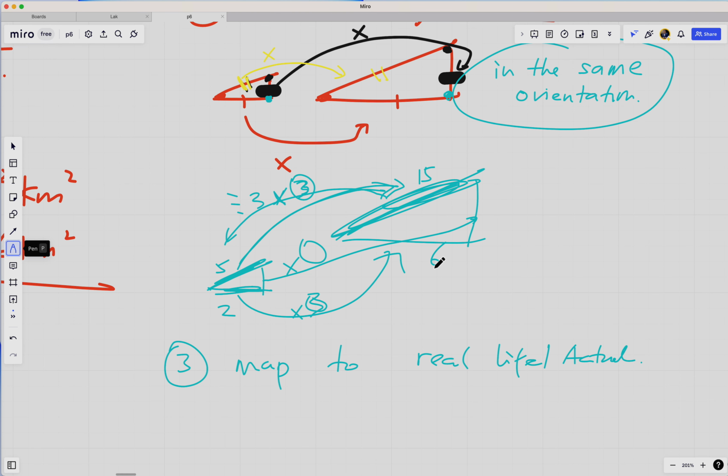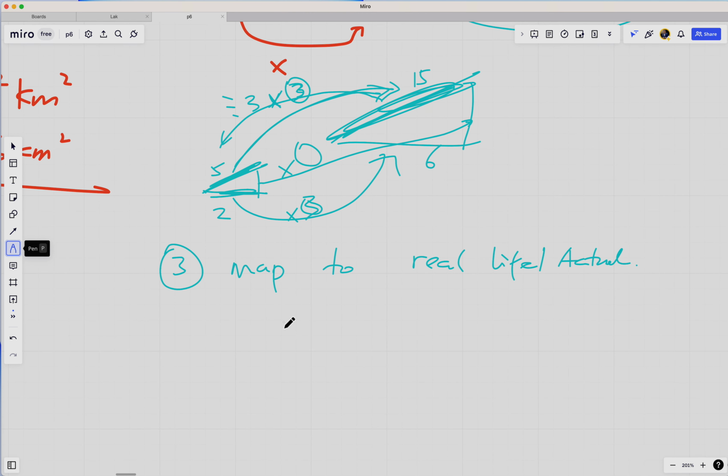Therefore, the idea in map to real life is, if they give you the map is 1 cm to 3 km, and then they give you, hey, my real life is actually 4 km, how do you get to cm? Just find out the proportionality. To get to here, you times 4/3, so here also must times 4/3. Then you will get 1 and 1/3.